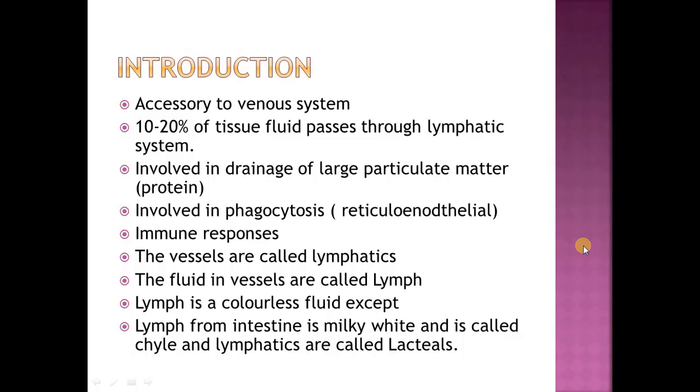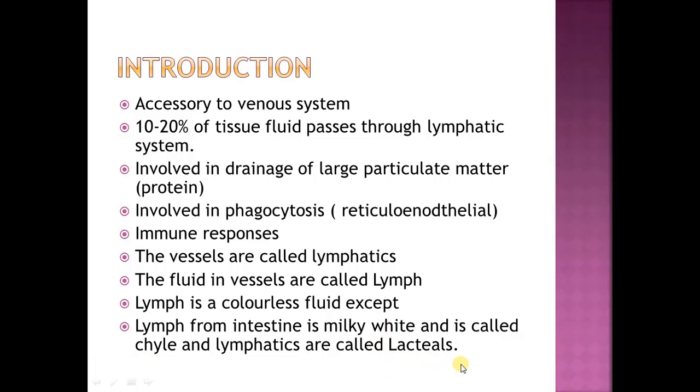These lymph vessels, when they possess this chyle, can also be recognized a little more easily in the mesentery. The lymph vessels from the intestine are not called lymphatics; instead they are called lacteals.